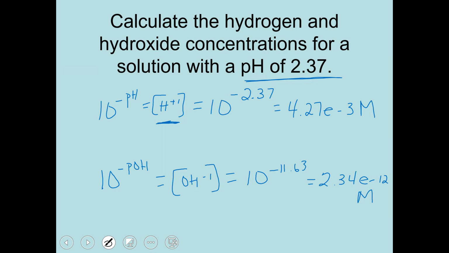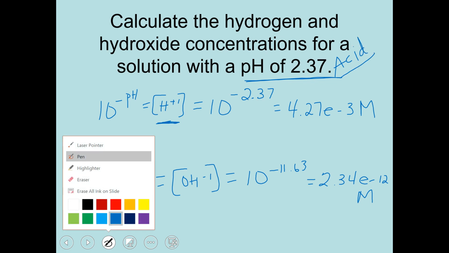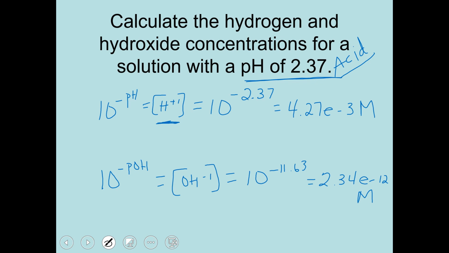See, the pH is really low, so that makes this solution an acid. If a solution is an acid, I should indeed come out with a higher concentration of hydrogen ions and a lower concentration of hydroxide. And this is indeed lower, because it's to the negative 12.